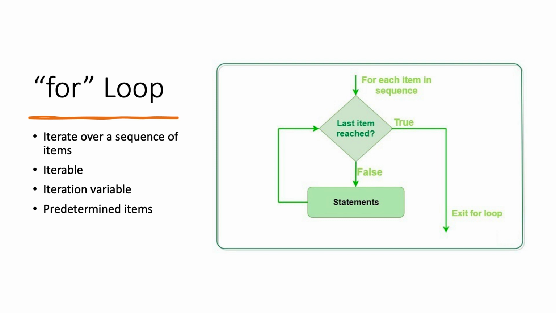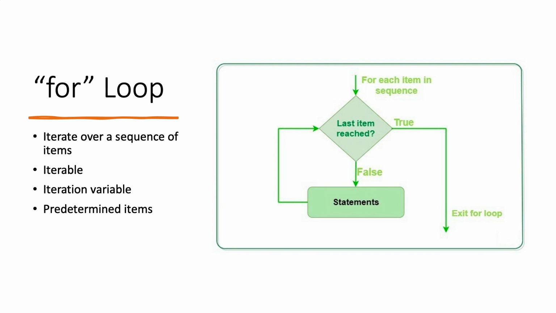As we iterate through the items one by one, we create a temporary variable called the iteration variable. This variable will change value each time it iterates in the loop. One key component of a for loop is that the number of items in the loop is predetermined. This means that you know when the loop will start and when it will end. So we will loop for a known amount of times.